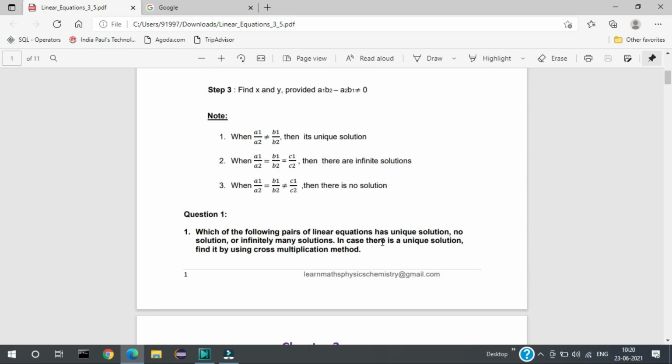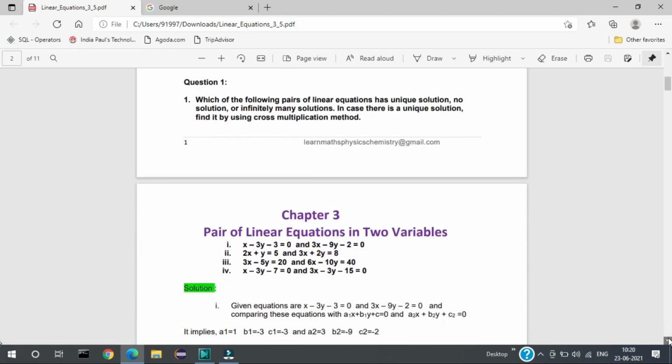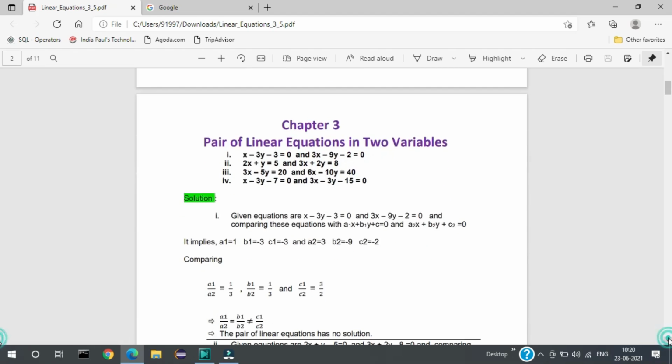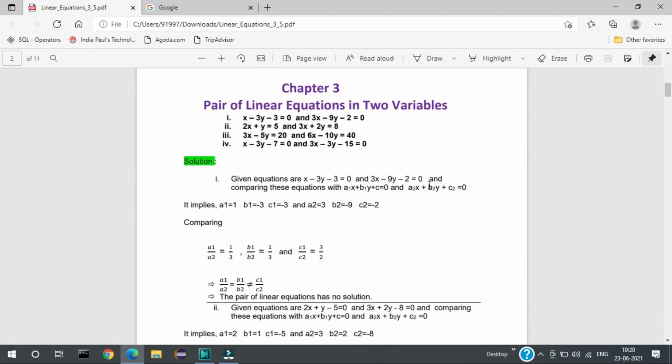In case there is a unique solution, find it by using cross multiplication method. Using cross multiplication method, we are going to get the solutions for the following problems. First one, x minus 3y minus 3 equals to 0 and 3x minus 9y minus 2 equals to 0.